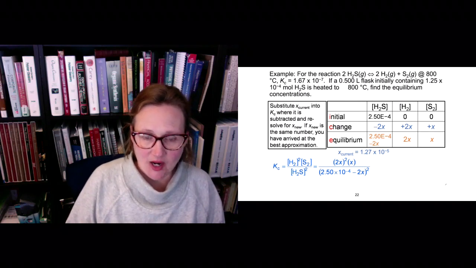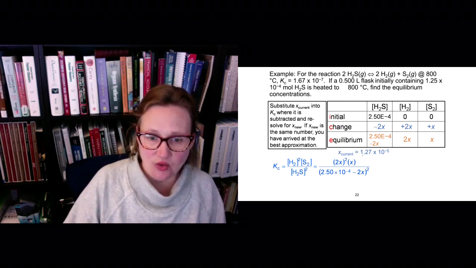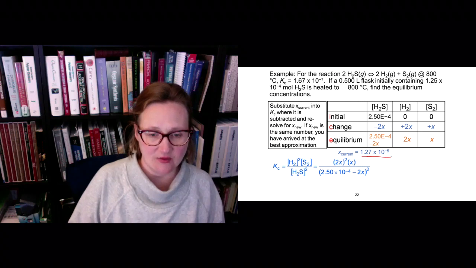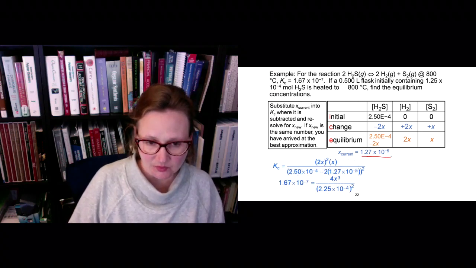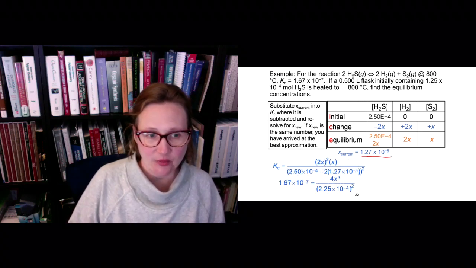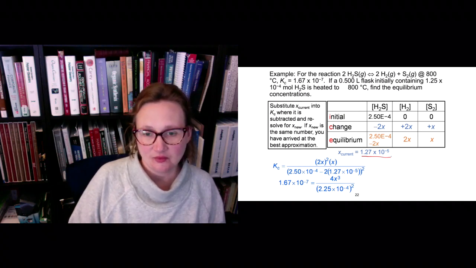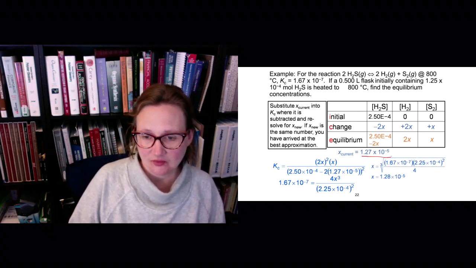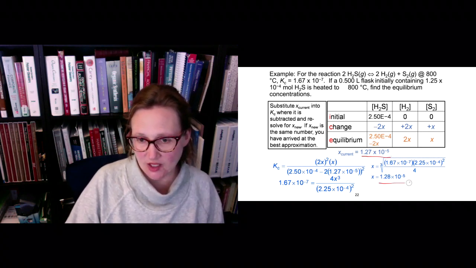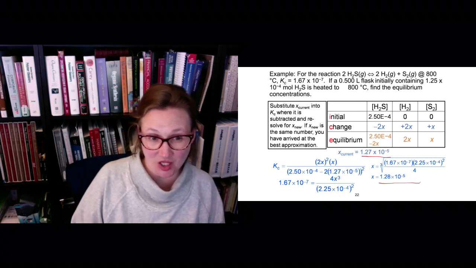Now our current x is 1.27 times 10 to the minus 5. We can put that in again, solving for x, and now we have 1.28 times 10 to the minus 5. It hasn't changed very much now.